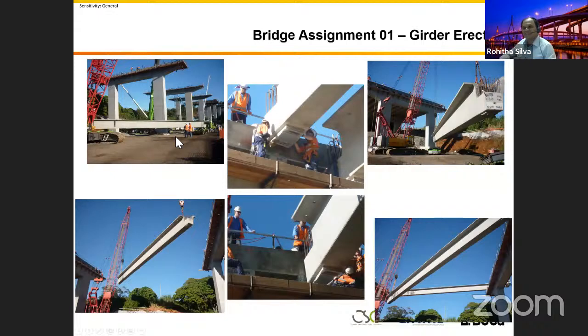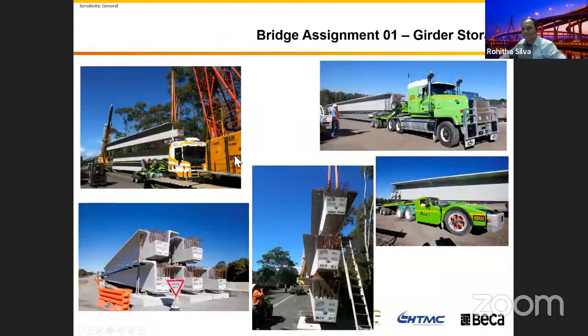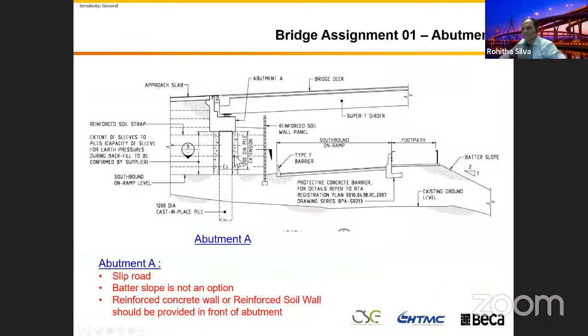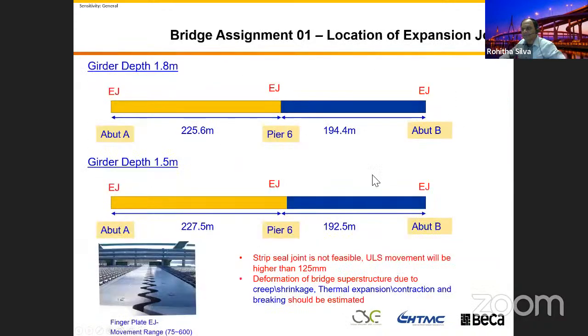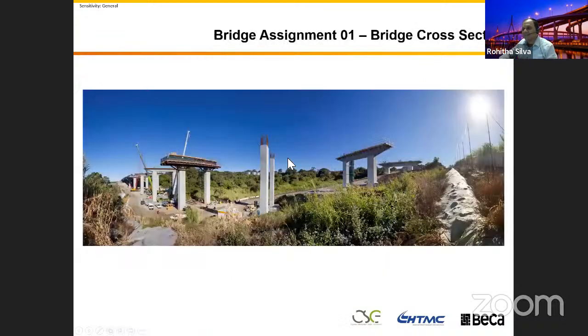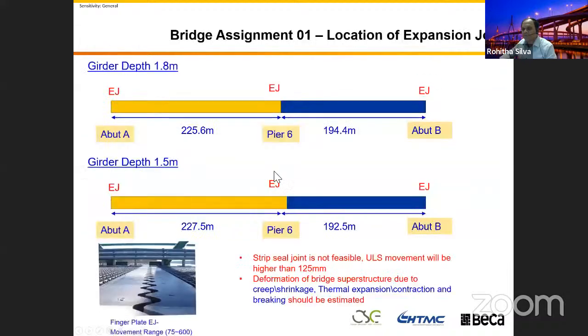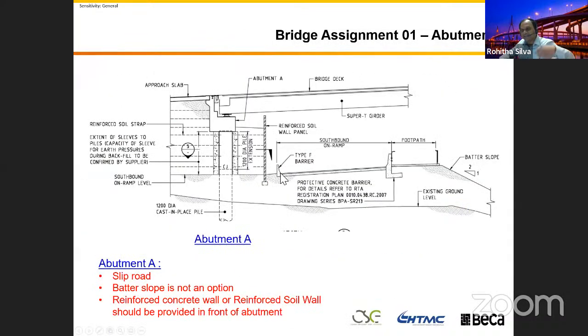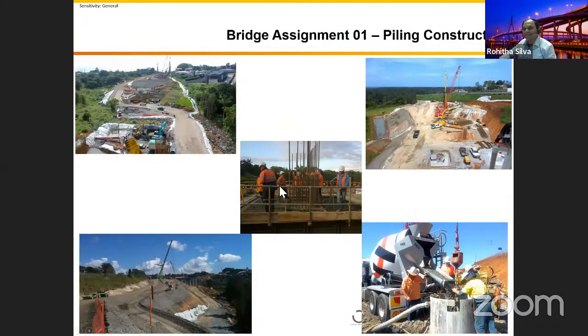This is the construction erection of the girder. You see your span, we measure on top of the girder. We measure the span on the top of the girder, but when you are erecting, the thickness of the girder is there.